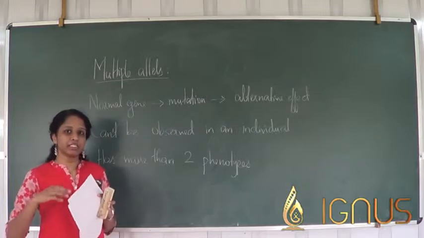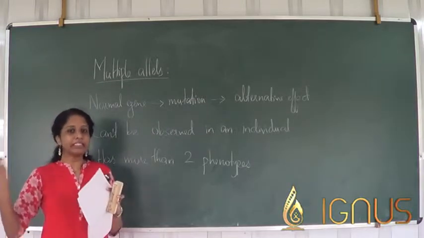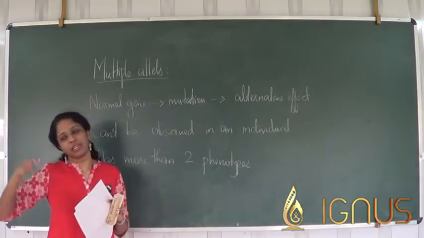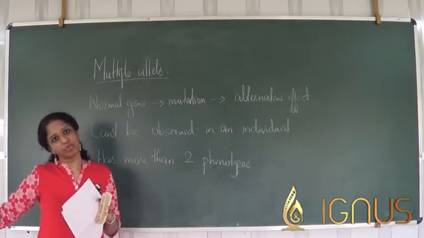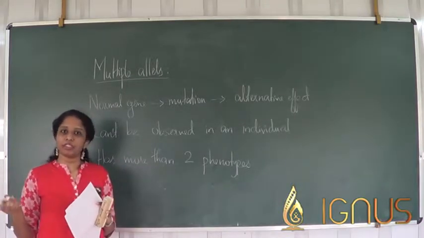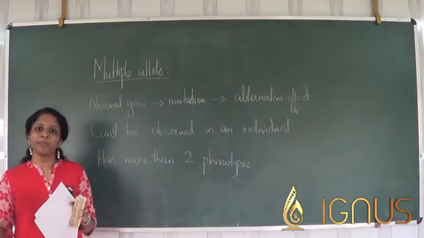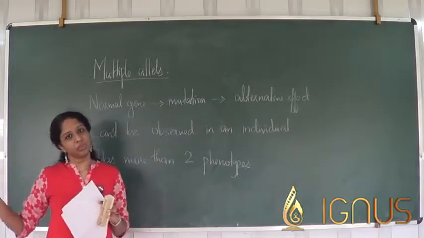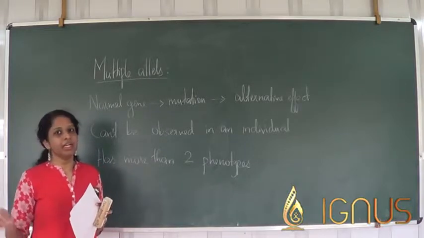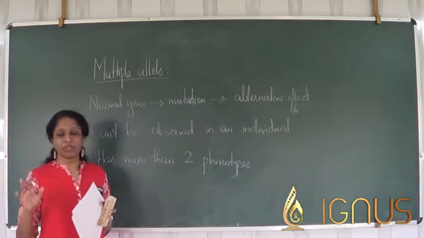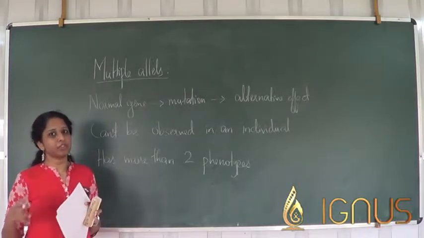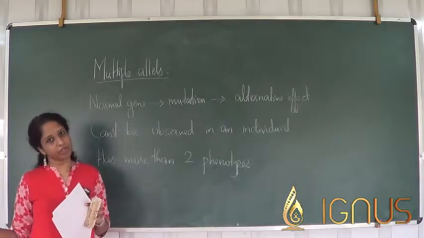As the population is procreating and increasing in number, when the gene is getting passed on from parent to offspring, and then parent to offspring, and then parent to offspring, during this passage that gene is going to undergo mutations, and that is going to give rise to not two but more than two alleles, and each of those alleles is going to have an alternate effect. So that is the thing with multiple alleles. It does not have two but more than two alleles, and it is a process which happens because of mutation over a period of time.